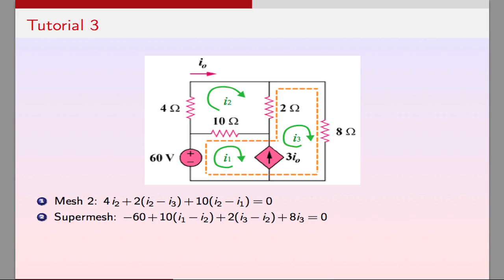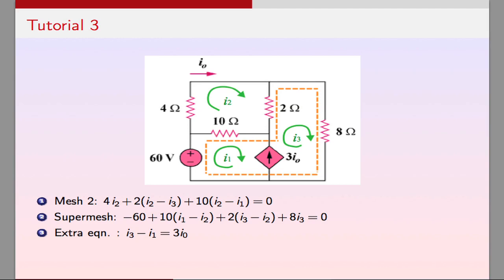From the figure, the relationship between the dependent source and the 2 mesh currents, I1 and I3, is given by this equation: I3 minus I1 is equal to 3 I0. And the reason it is I3 minus I1, not I1 minus I3, is that I3 is in the direction of the current source, while I1 is in the opposite direction.